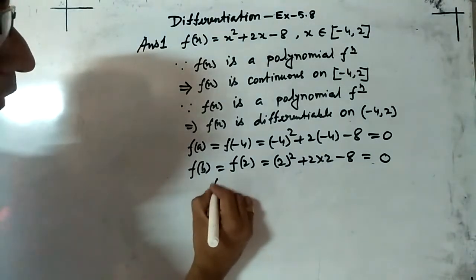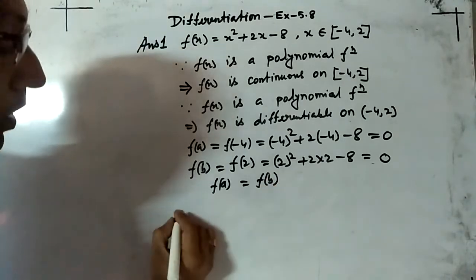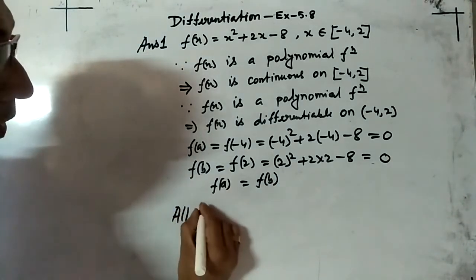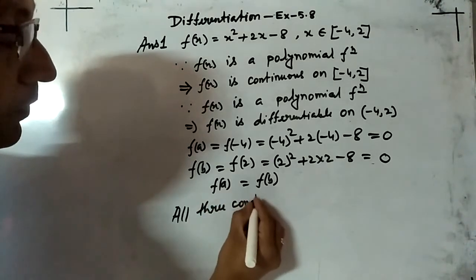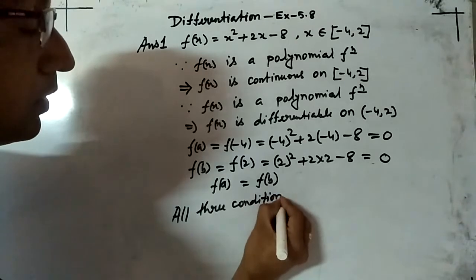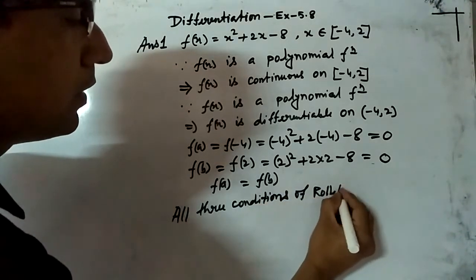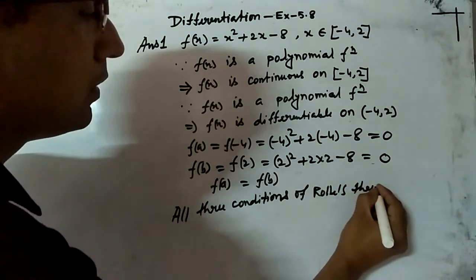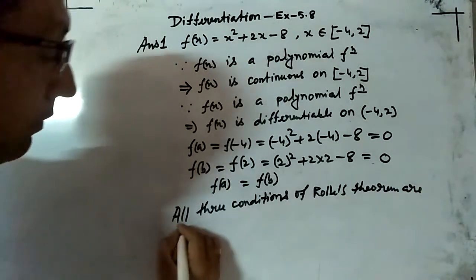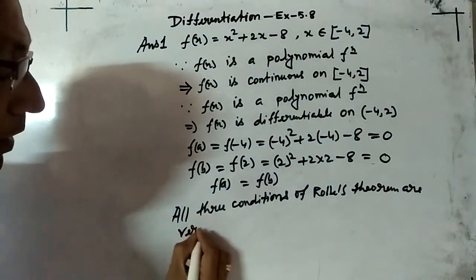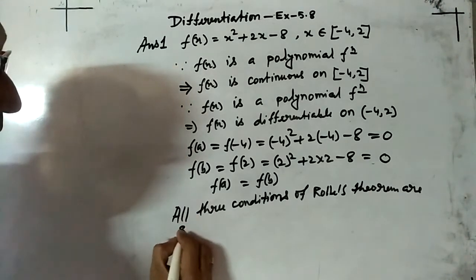It means f(a) equals f(b). So all three conditions of Rolle's theorem are what? Verified? Sorry, satisfied, not verified. Till now, satisfied.